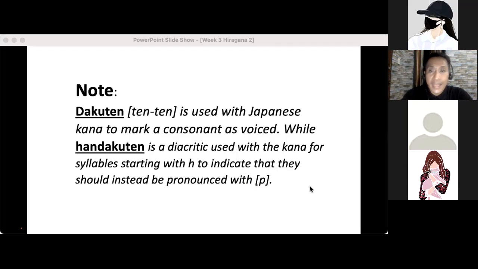While handakuten is a diacritic used with the kana for syllables starting with H to indicate that they should instead be pronounced with the P sound. Kaya naglagay tayong maliit na circle. Ang tawag po doon ay handakuten. Yung dalawang parang open quotation mark, tawag doon ay dakuten or ten-ten. Okay, please remember the terms.